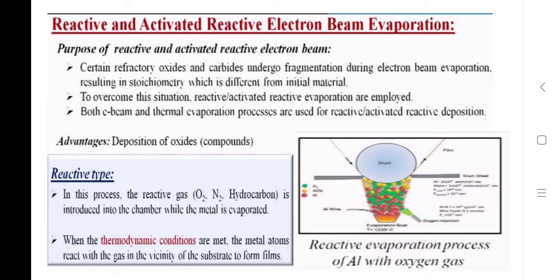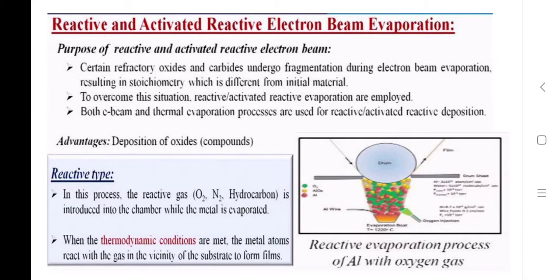First we discussed the thermal evaporation, then we discussed the e-beam, which is the electron beam evaporation. Now this reactive and activated reactive electron beam is the combination of the thermal evaporation as well as the electron beam evaporation. When we give the material a high electron beam, it gives high energy to that material itself.